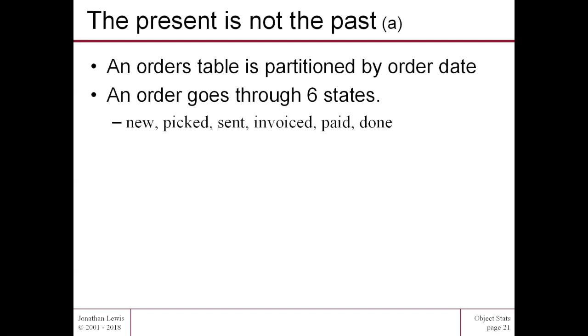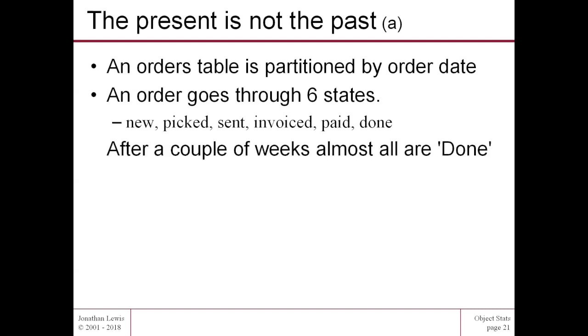Well, think about what this means in terms of what the data looks like, right? Give this system a couple of weeks, and virtually all the orders that you placed today, all the orders that were new today, will be marked as done. They'll have gone through the 6 steps, they'll be done and dusted, right? And bear in mind, we're partitioned by order date. So that means partitions in the past are almost completely done orders.